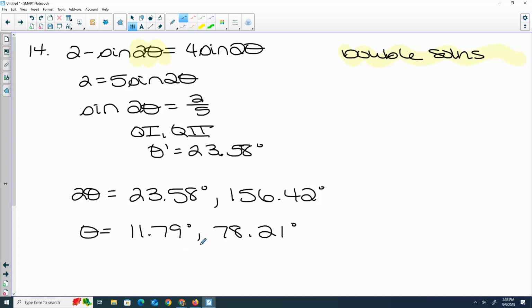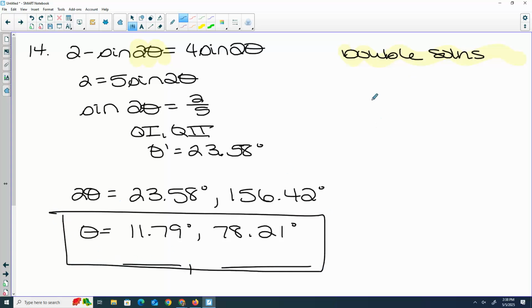But we're not done. We said double solutions. We found 2, but if we're going to double it, we need 4. Way around is 360 divided by 2, so we're going around twice, is 180. So add 180, we get 191.79 and 258.21.